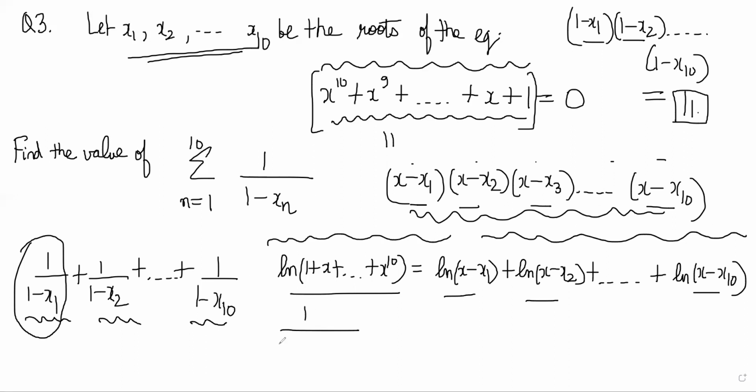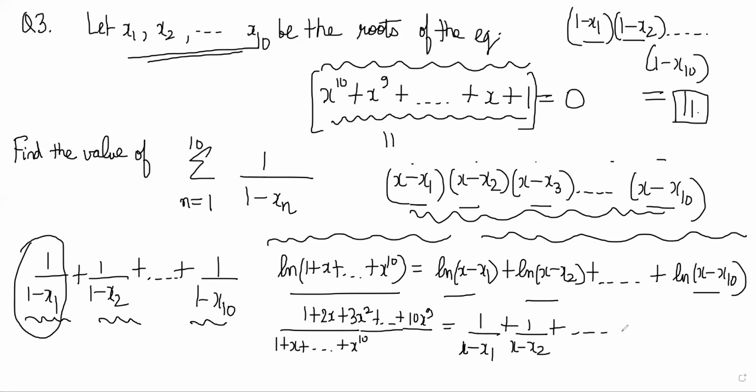So you'll do 1 by 1 plus x plus whatever till x power 10, and on top will be 1 plus 2x, x square will become 2x, then 3x square, and so on till 10x power 9, right? Will be equal to 1 by x minus x1 plus 1 by x minus x2 and so on, right? And now if you put x is equal to 1, you will get the required expression, right? Yes.